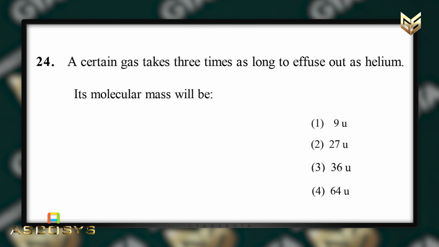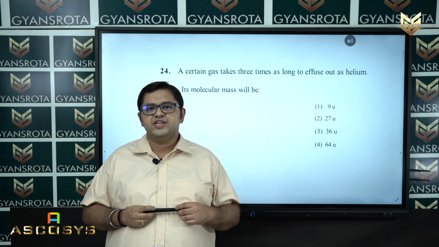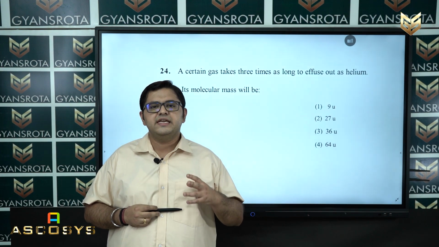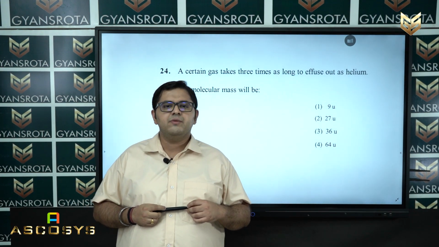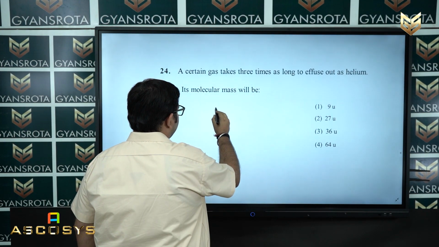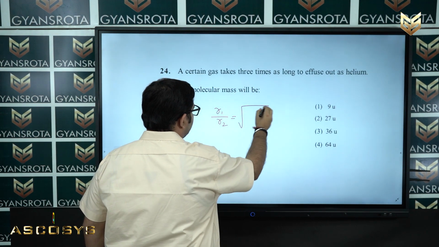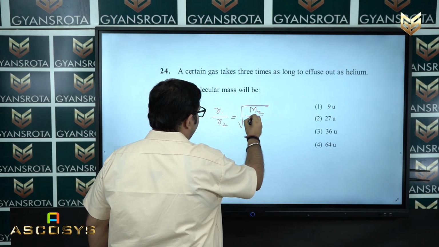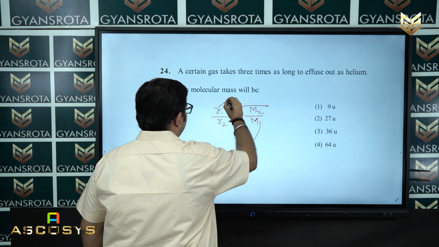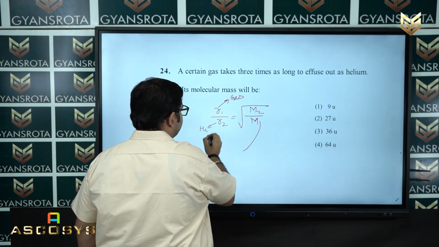A certain gas takes 3 times as long to effuse out as helium, its molecular mass will be? This question comes from the states of matter chapter of your class 11 NCERT. Now we are moving to the solution part. If you see the solution for this, R1 by R2 is equal to root over M2 by M1. I am considering R1 is for the gas and R2 is for helium.